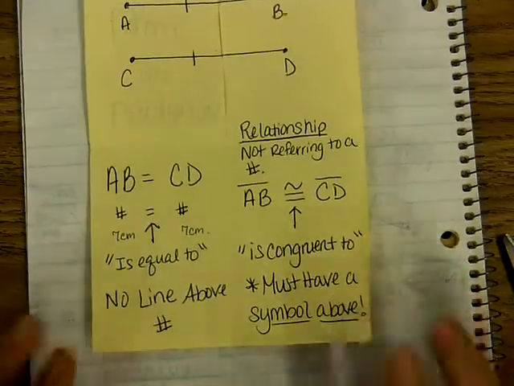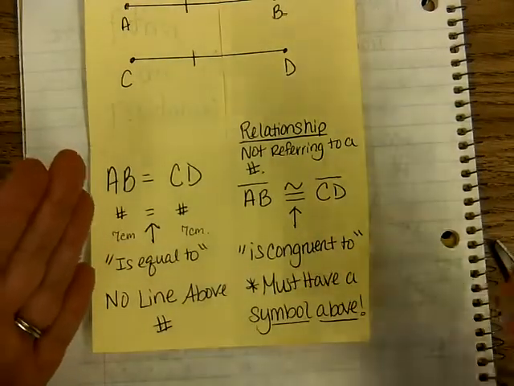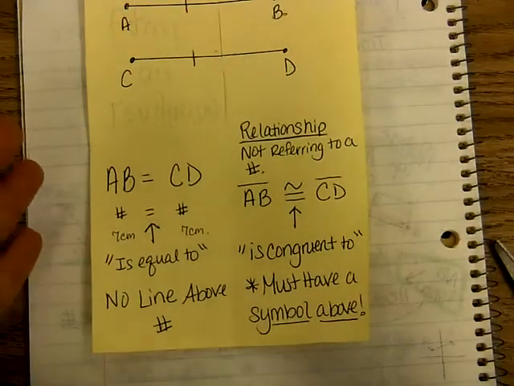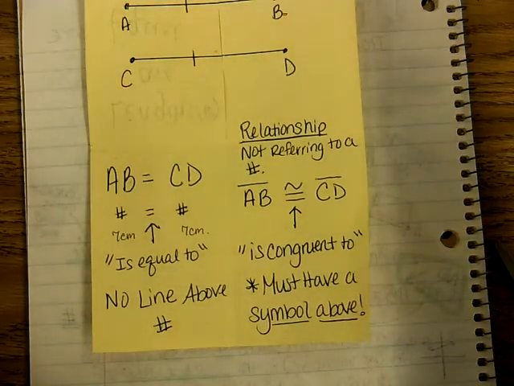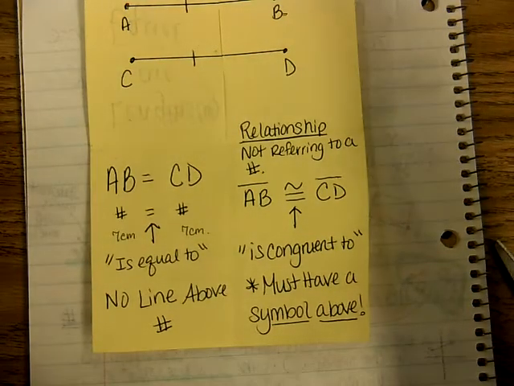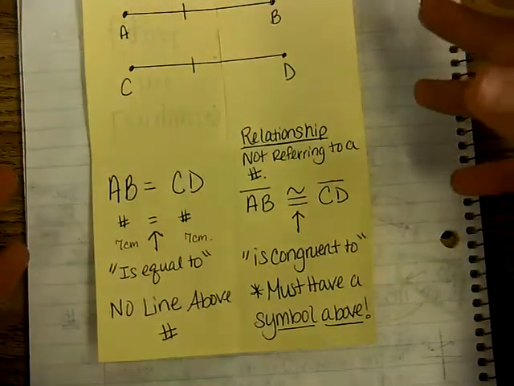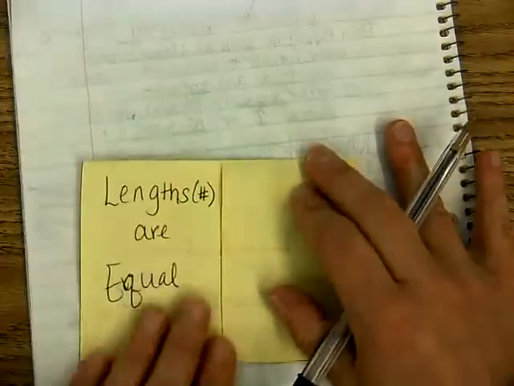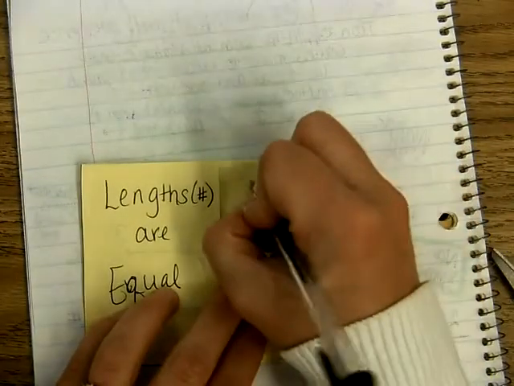If you don't have the symbol above, then what you're saying is that a number is congruent to a number. Never have we talked about congruence in that respect before. Numbers are equal to each other. Things can be congruent to each other in terms of a relationship where you're not interested in the number. And that's what this tab is right over here. We're going to close this and call this segments are congruent.